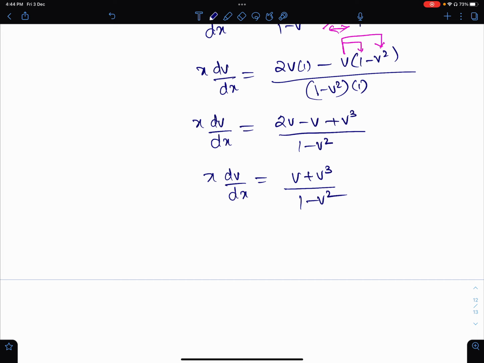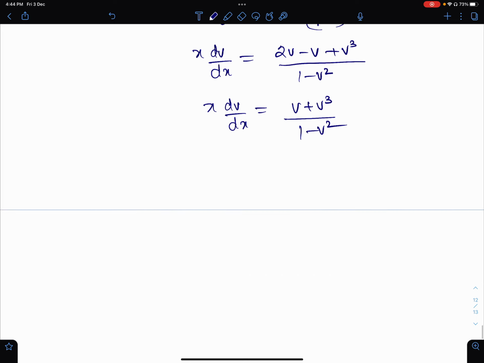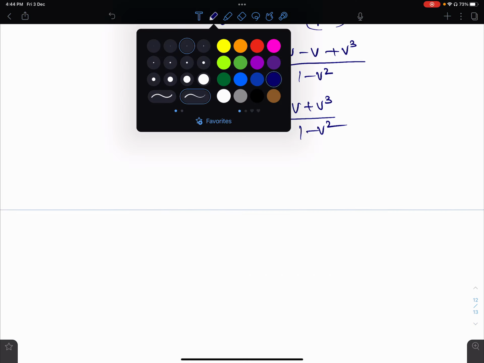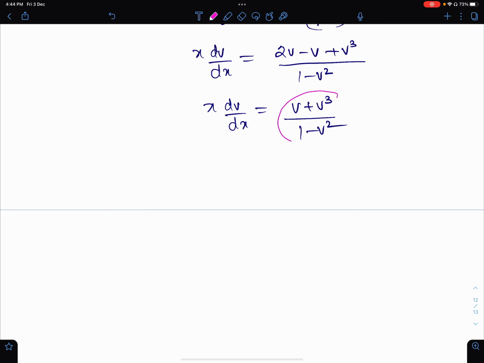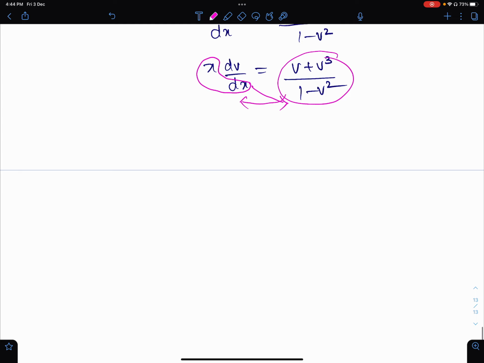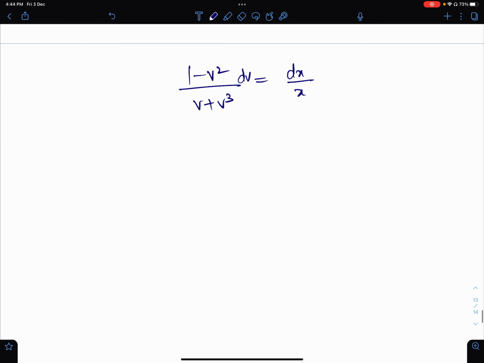Okay, so now you know what to do. Just take this part to this side and this part to this side. So what do you get now? This everything will go upside down. So it is 1 minus v square by v plus v power 3 equal to, dv and dx by x. So you have to integrate both sides.